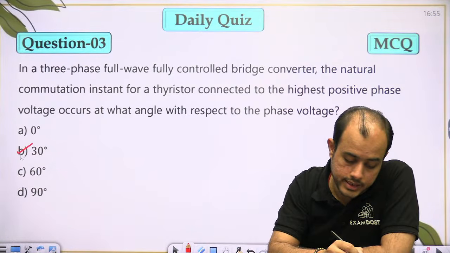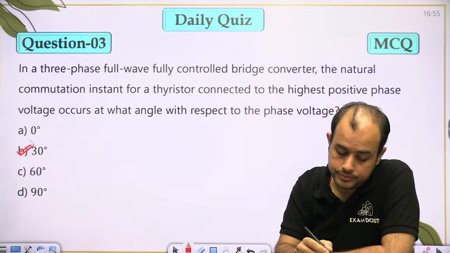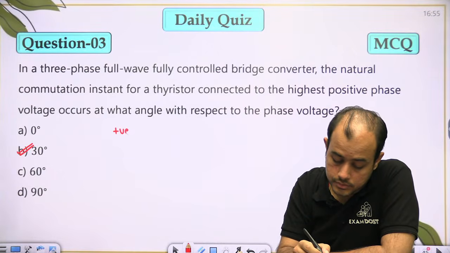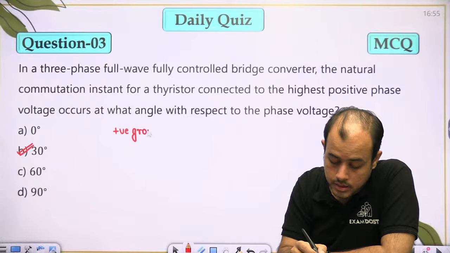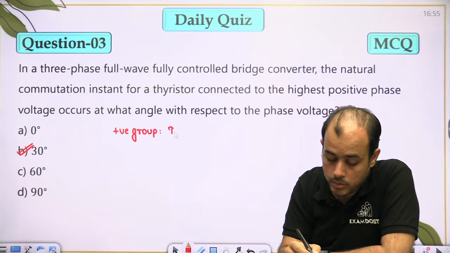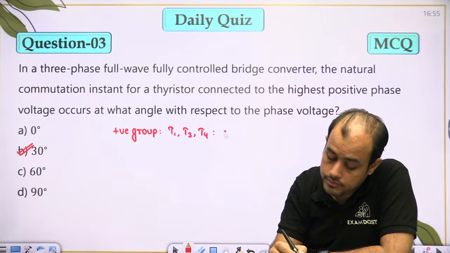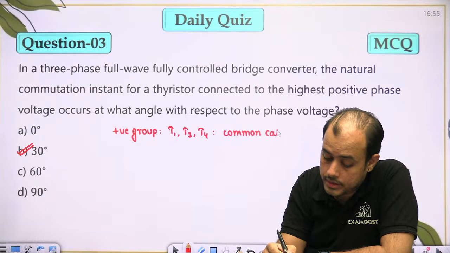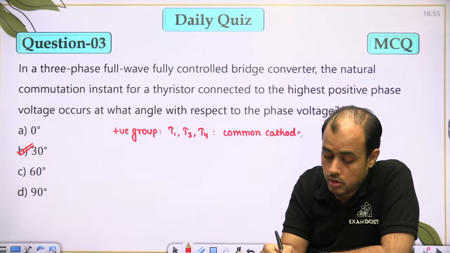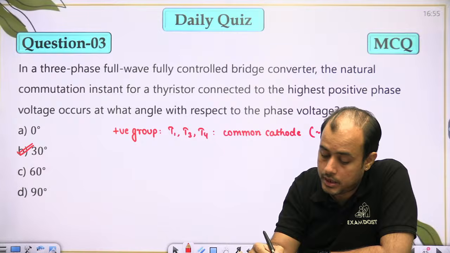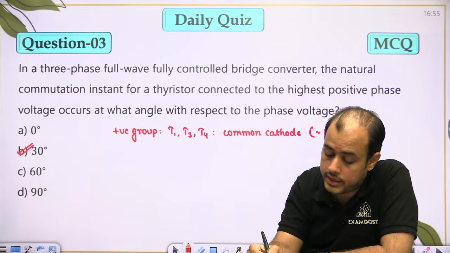ऐसा कह दो 30 डिग्री, like, when you see positive group, common cathode. Okay, it is similar to a half wave rectifier.